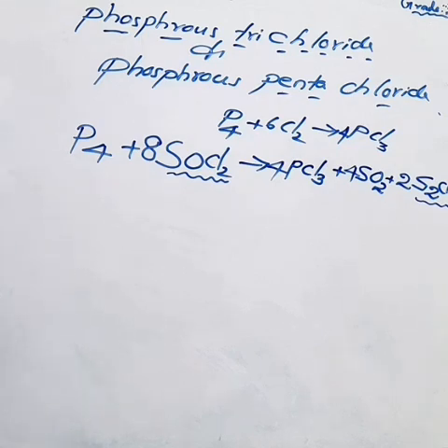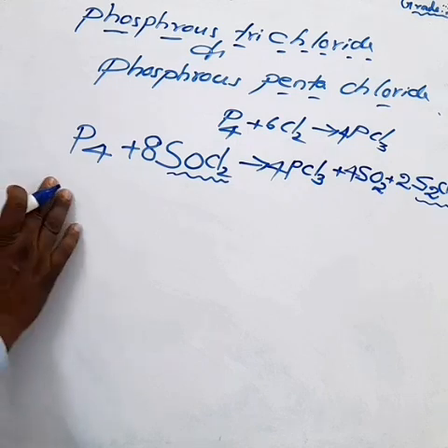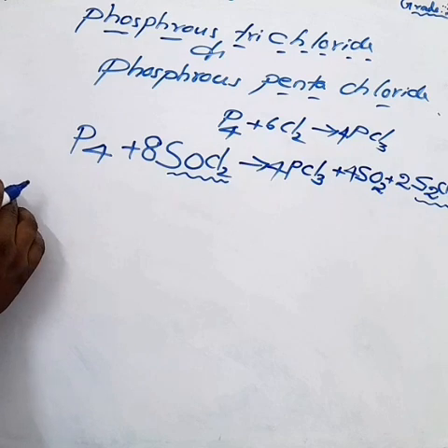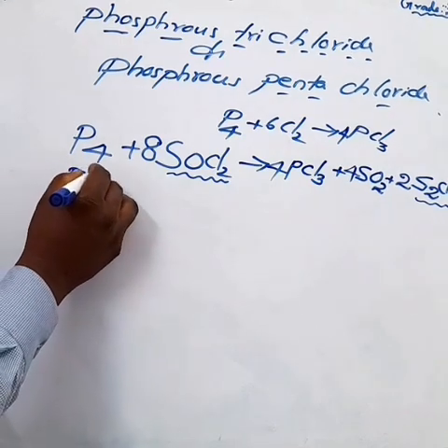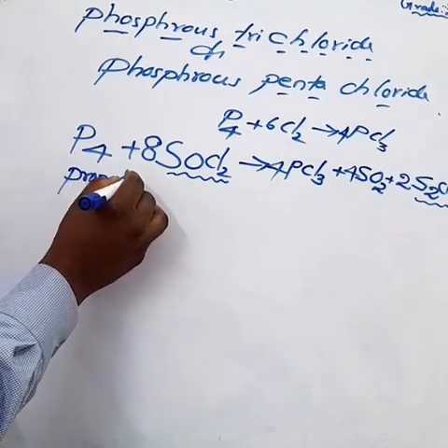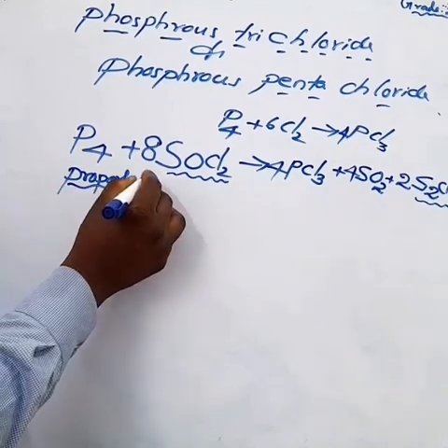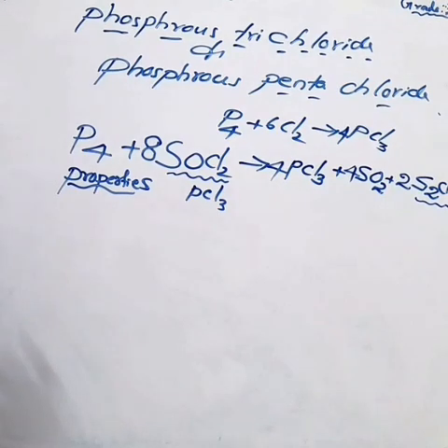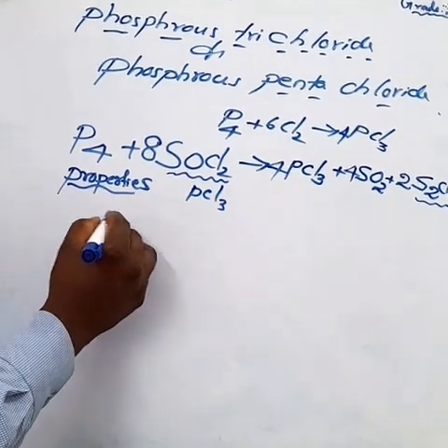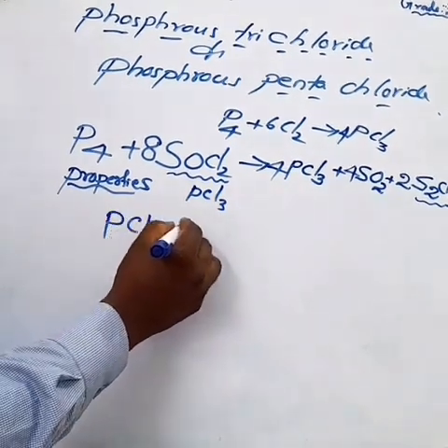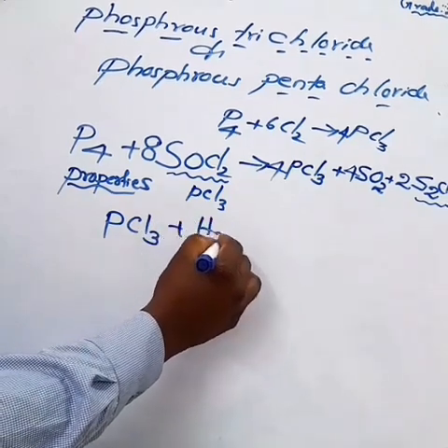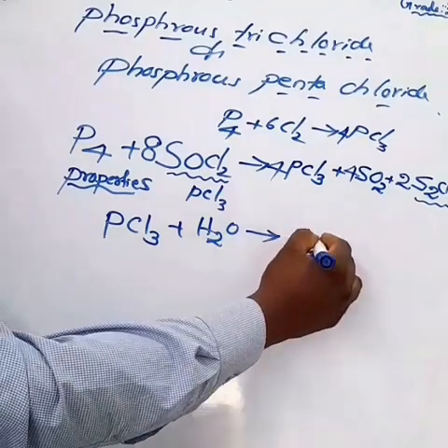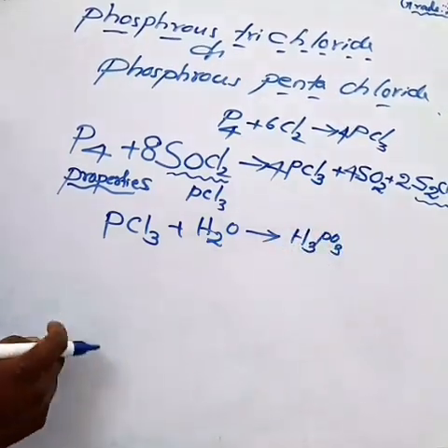Next, what are the properties of phosphorus trichloride? Already we learned that the formula is PCl3. This PCl3 reacts with cold water and we get phosphorus acid. What is the formula of phosphorus acid?